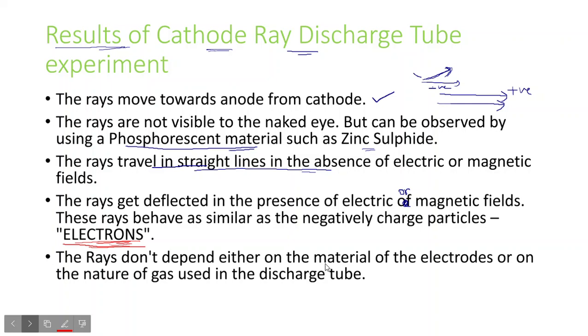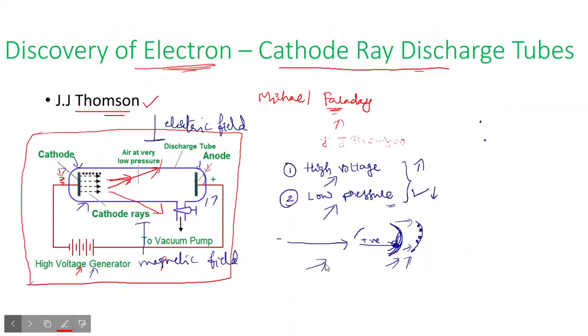And the final point is that the rays don't depend either on the material of the electrode, or on the nature of gas used in the discharge tube. Okay. So these cathode rays do not depend on the material of electrodes. This is the electrode.